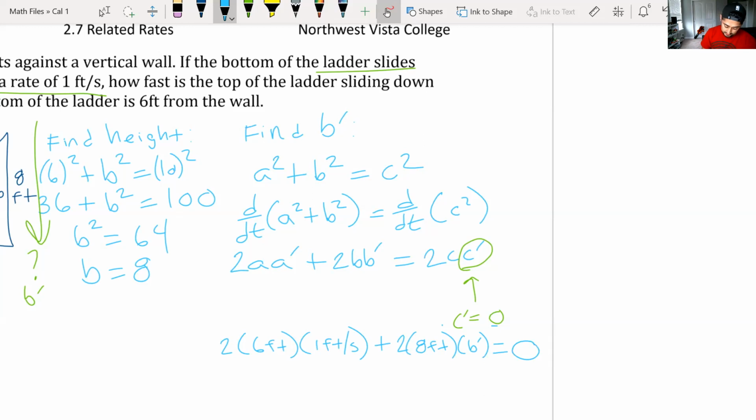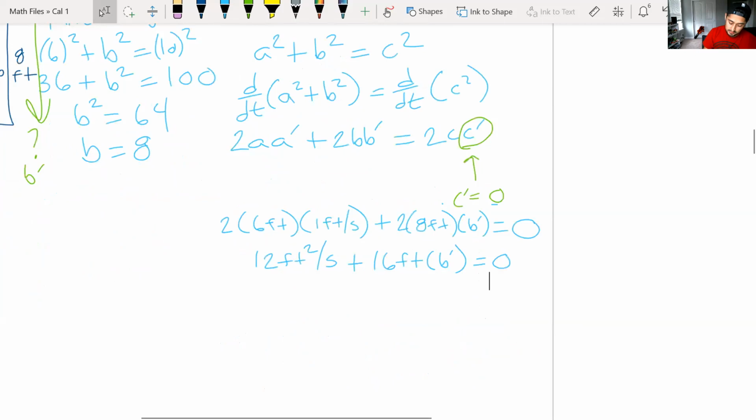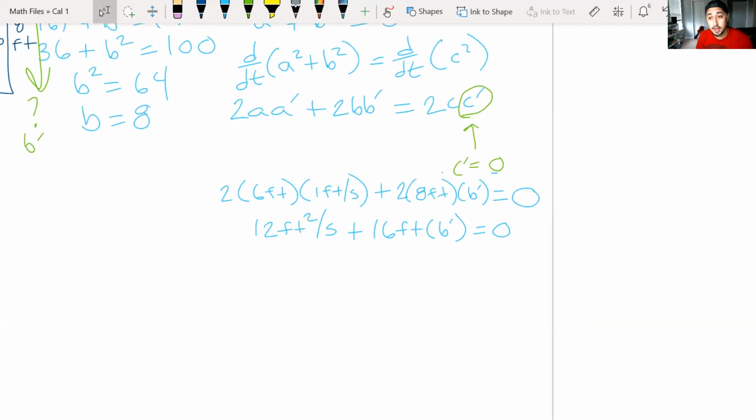Okay, let's keep going. On the left side, I get 12 square feet per second, plus 16 feet times B prime, equal to 0. Now we want to solve for B prime.